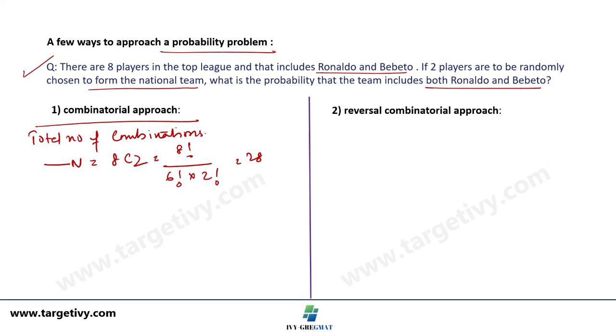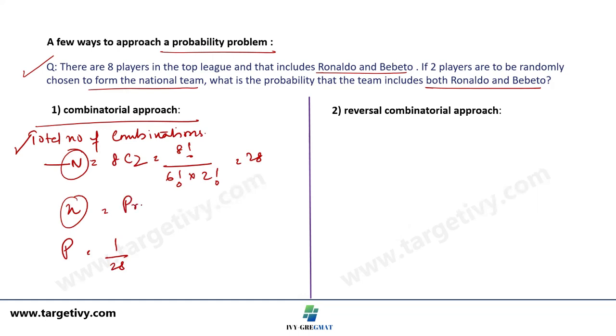So the number of possibilities that both Ronaldo and Bebeto are chosen is equal to 1. So the probability is 1 by 28.